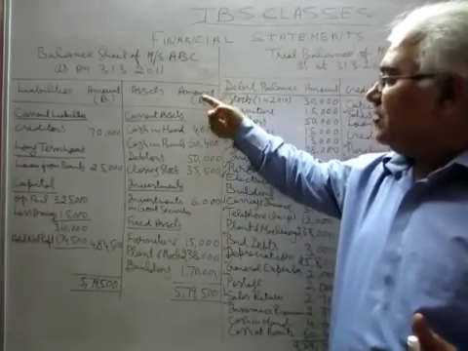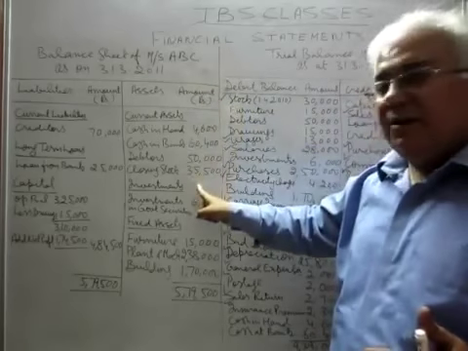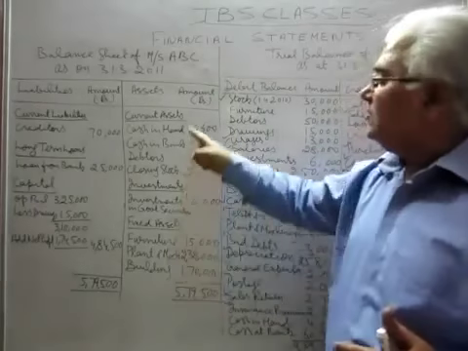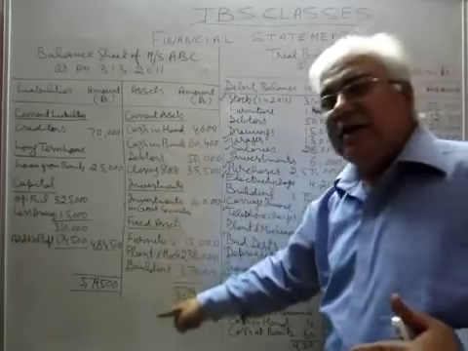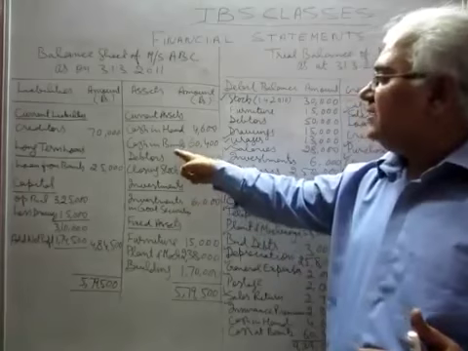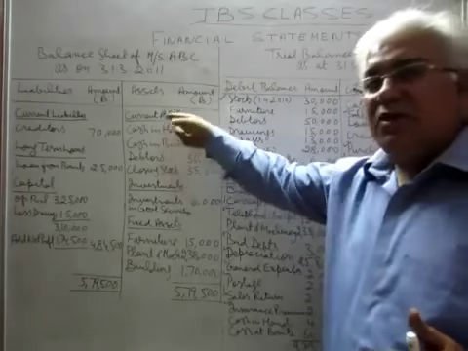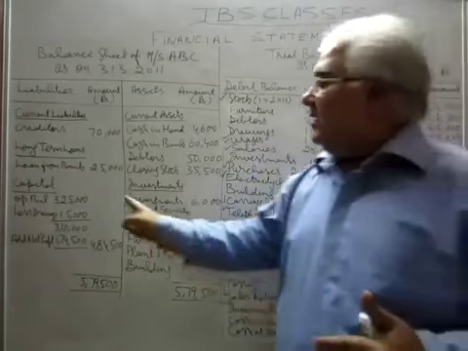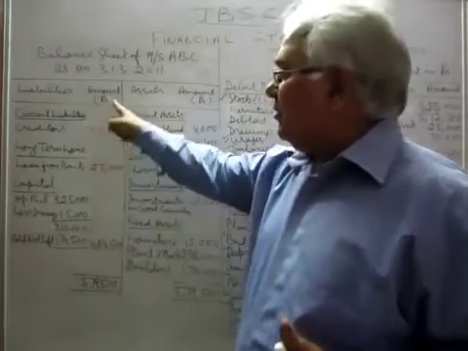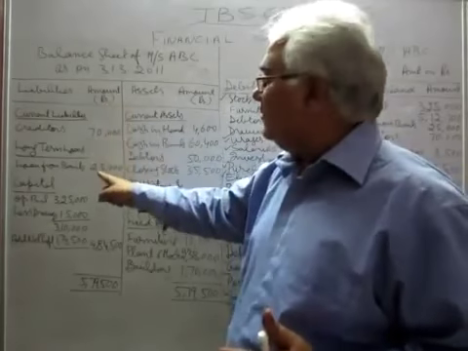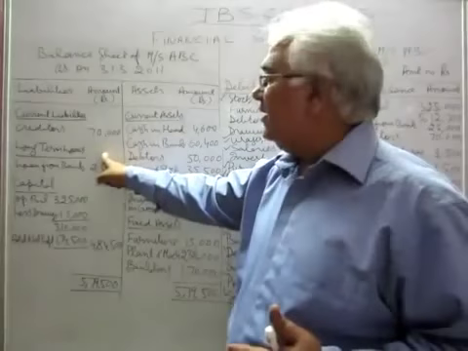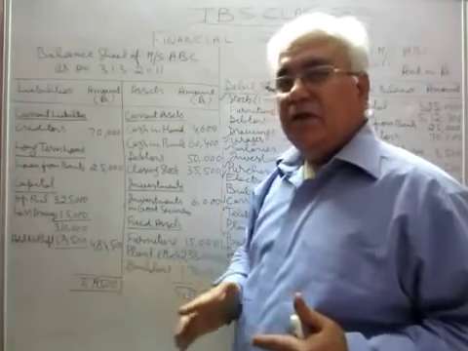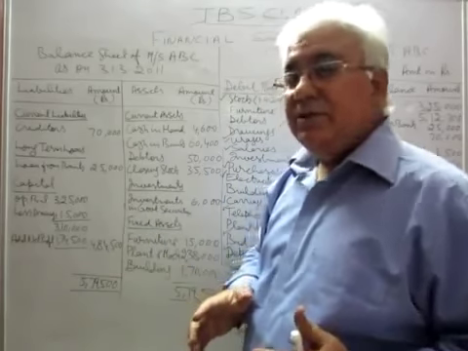Fixed assets will come on the top, investments will remain in the middle, current assets will come in the end. And you see, cash in hand will be the last item, and before that cash in bank, the reverse order will follow. And similarly on the liability side, capital will be at the top, long-term loans etc. will be in the middle, and current liabilities will be in the end, if we follow the permanence order.